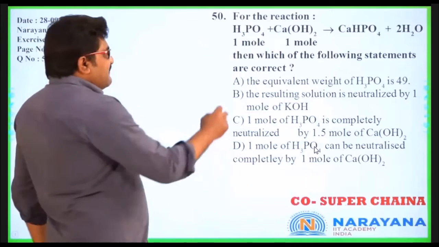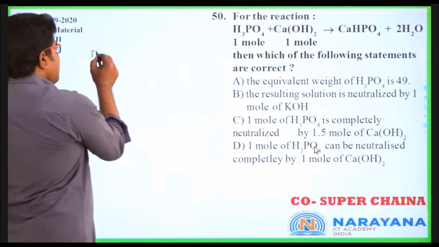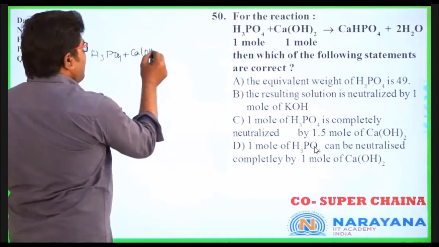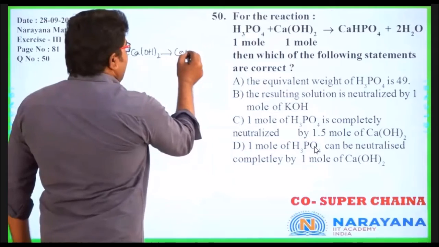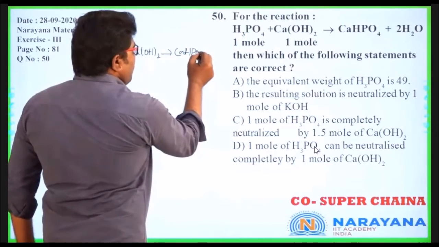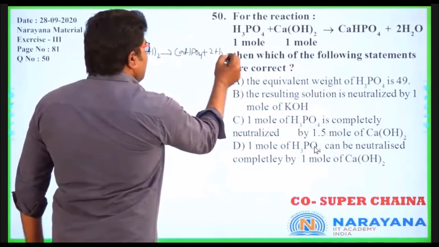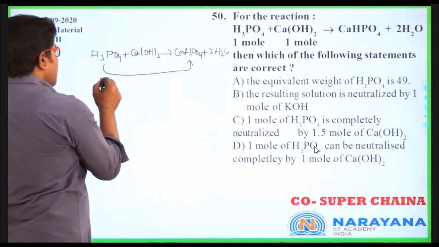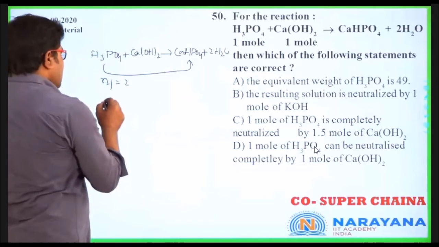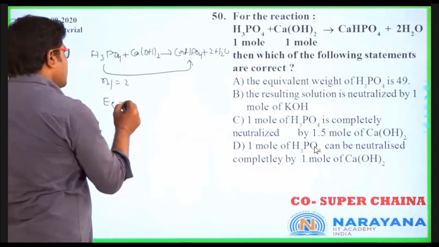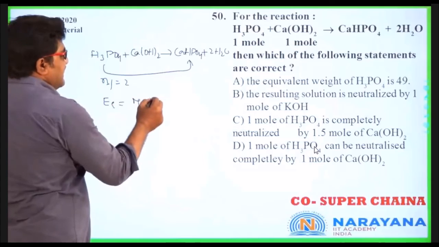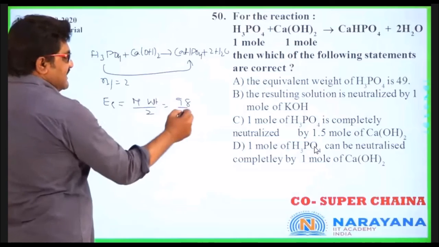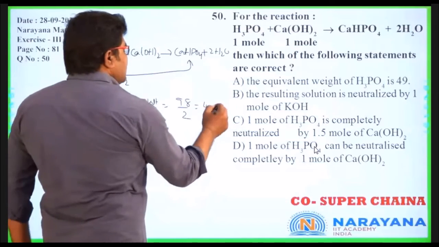Yes, but from H3PO4 plus calcium hydroxide to CaHPO4 plus 2 moles of water, only 2 hydrogens are replaced here. So the M factor is 2. So the equivalent weight is equal to molecular weight divided by 2. Molecular weight is 98, divided by 2, that is 49.